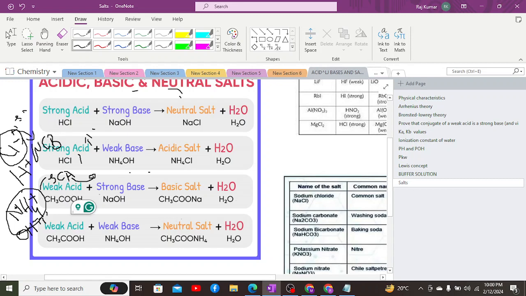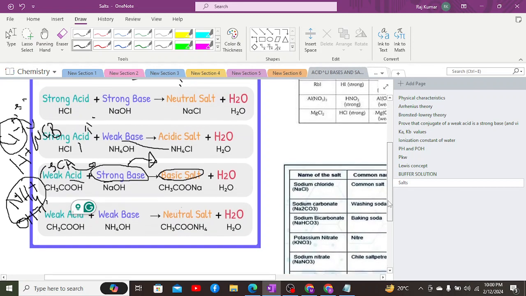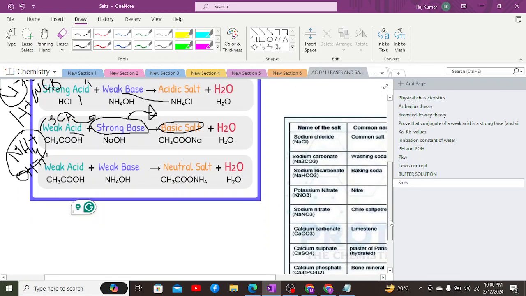And if there is a weak acid and strong base, then the properties of a base are obtained from the acid, because it is the weak part and produces a strong conjugate base. So this is how the properties will be obtained. These are contradictory: weak acid will provide the basic properties, and weak base will provide the acidic properties because of the strong conjugate bases and strong conjugate acids respectively.